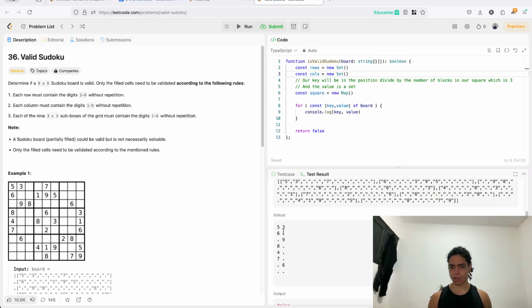And here, I'm getting the key and value. Is that right? Okay.